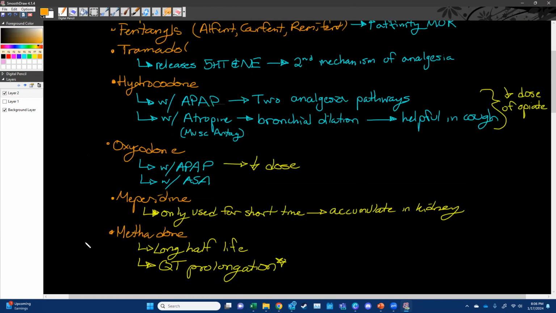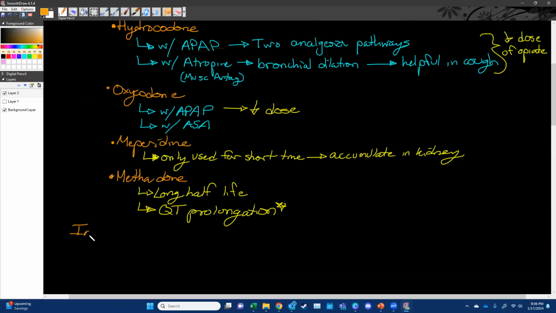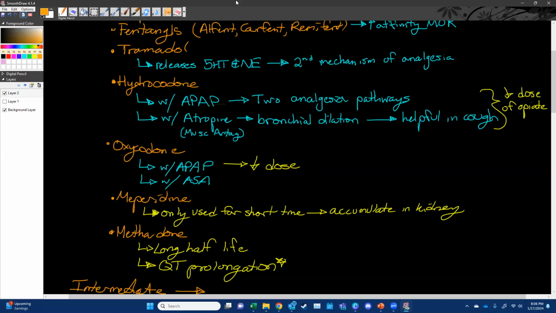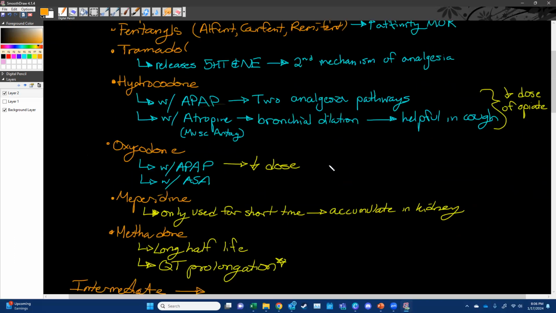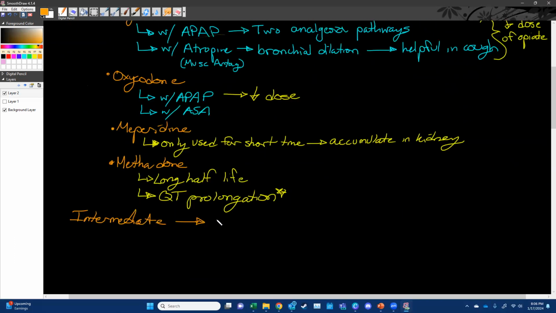Let's talk about the intermediate. While the strong drugs were because you were a pure mu agonist, you're intermediate either because you were a partial mu agonist or you were a mixed agonist antagonist.